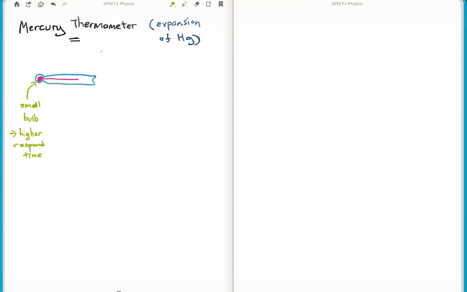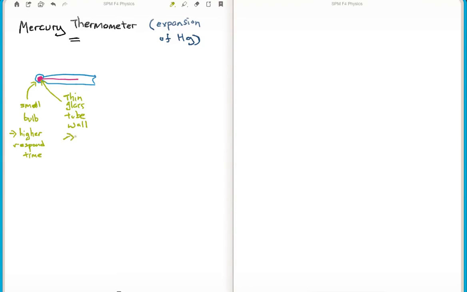Secondly, look at the glass tube wall. What is so great about it? It's a very thin glass tube wall. Why is it so thin?